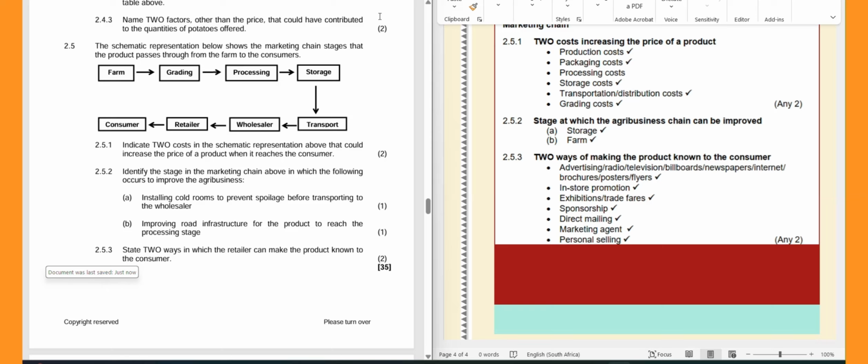Then they can let you taste the product, or they can give you those products for free, because they are trying to introduce those products to you so that you can know that they exist. Yes, and that is in-store promotion.